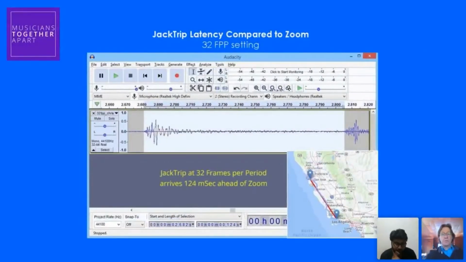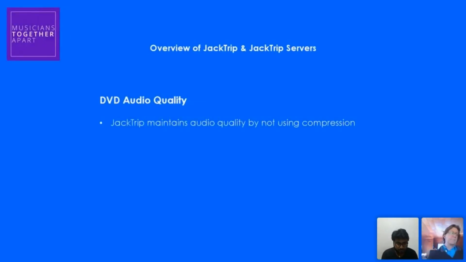JackTrip can also do 32 frames per period, so it's even faster, and then we're getting 124 milliseconds ahead of Zoom. That varies over the distance, so you can see even better results if you're not, let's say, 300-400 miles apart. We'll get into the distance a little bit later.